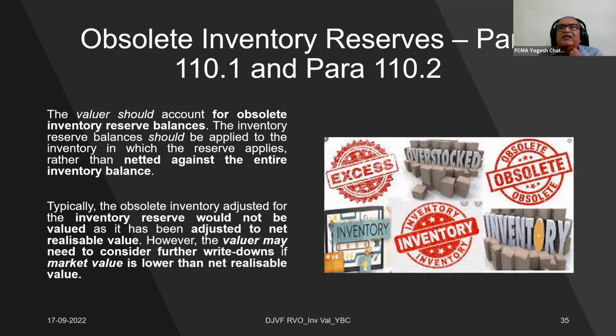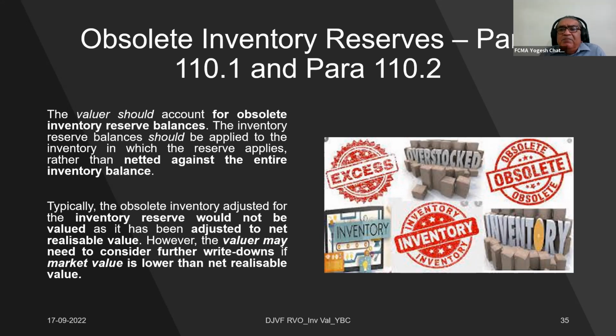Business entities maintaining a large quantity of inventory will always face this situation of obsolete or non-moving inventory. The valuer should account for obsolete inventory reserve balances, and inventory reserve balances should be applied to the inventory to which the reserve applies rather than netted against the entire inventory balances.